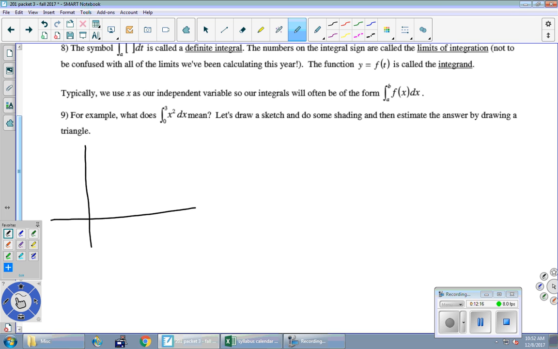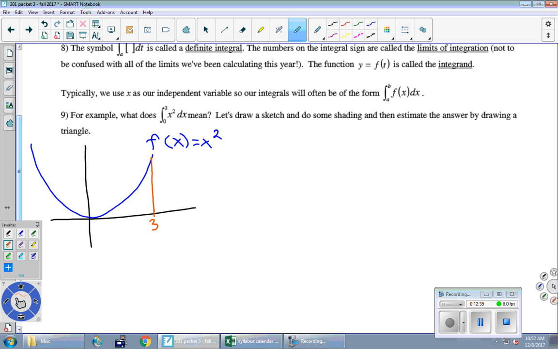Well, it means that there's a curve. What's the function in this case? X squared. Okay, so we draw the parabola x squared. And what are the important x values for this particular one? 0 and 3. Those are given to us. So x equals 3, we'll say, is out here.